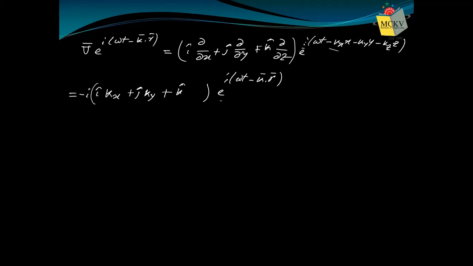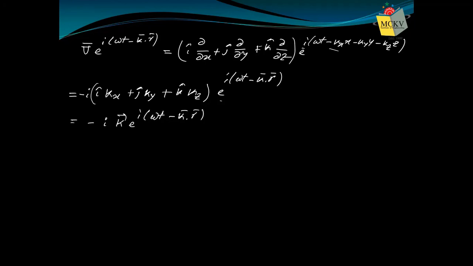Minus i kz comes out. So minus i is common. What is this whole thing in bracket? K vector, times e to the power i omega t minus k dot r.